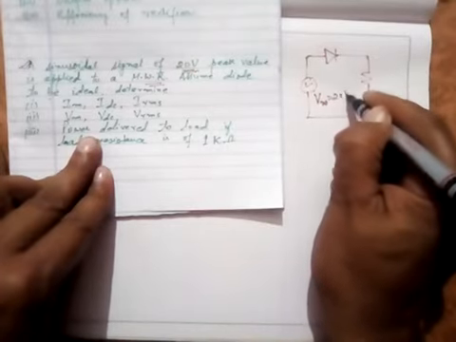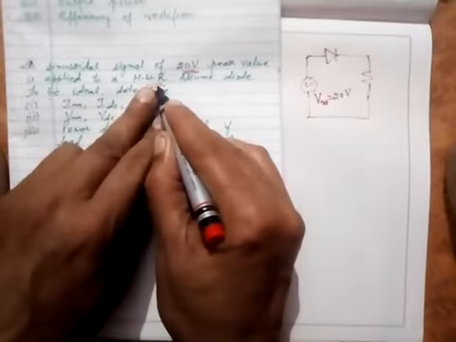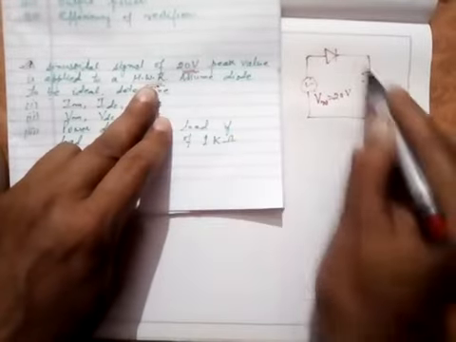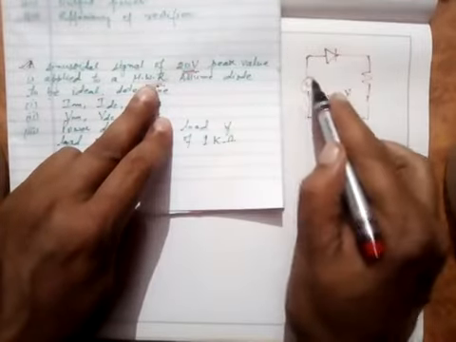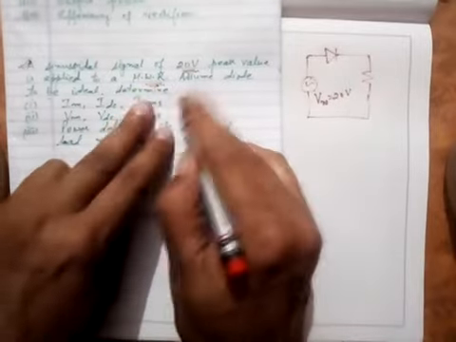It is applied to a half wave rectifier. Since the transformer specifications are not given, I am directly showing this as a sinusoidal signal.